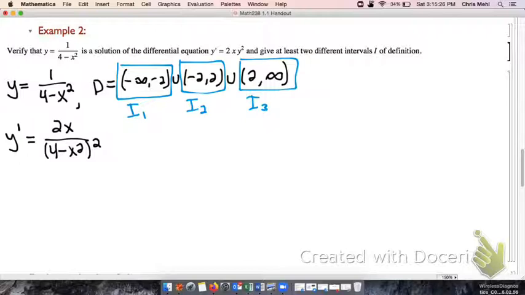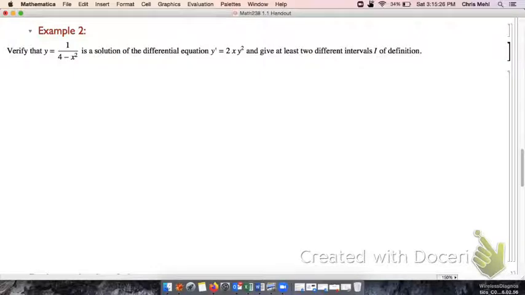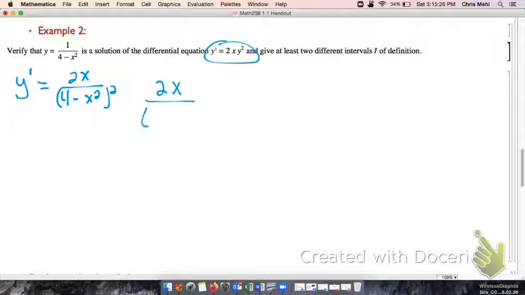Now, if I want to verify it's a solution, I might as well write the derivative. What did we have? It was 2x over 4 minus x squared squared. That's on the one hand. And so I can plug that into the differential equation. The left-hand side becomes 2x over 4 minus x squared squared.